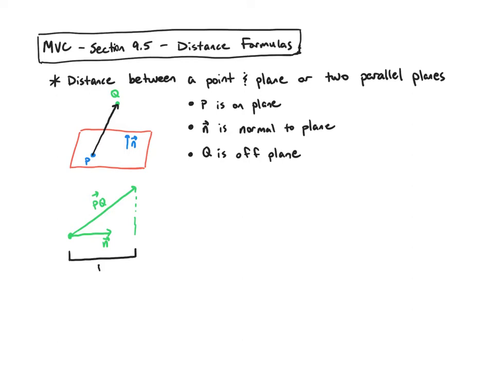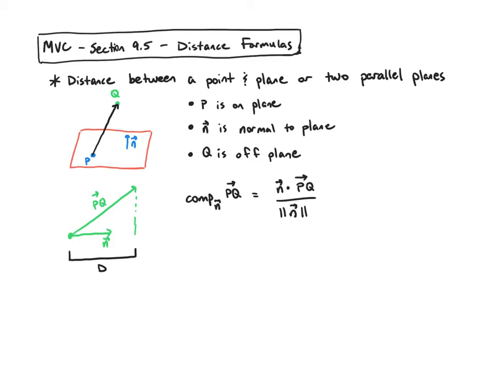So that's going to be the distance we're focused on. So we have the component of PQ onto N, which by our formula for the scalar projection is going to be the dot product between the two divided by the magnitude of the normal vector N.